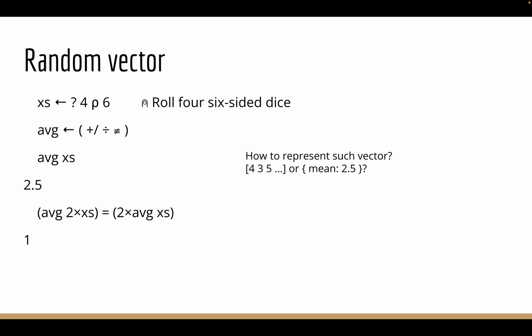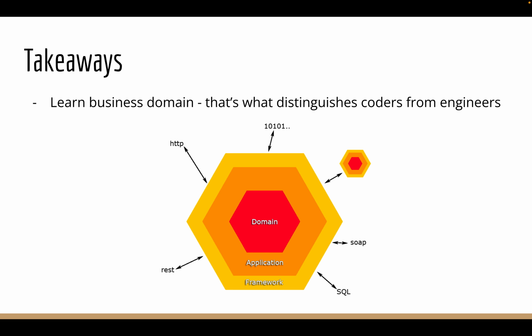And the good thing is that we do not actually need to perform that operation on all the values, because the average of, let's say, doubling all the inputs is the same as doubling the average of those values. So to represent the vector, instead of storing all the elements, we can just store its mean and then compute the transformations in constant time. This is very handy.